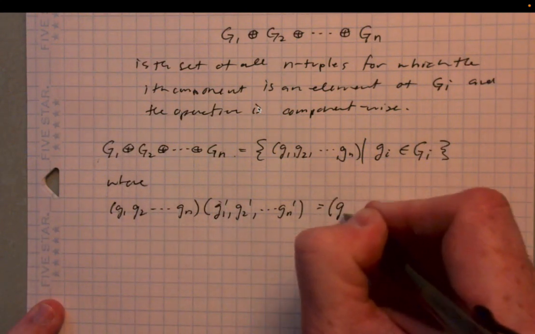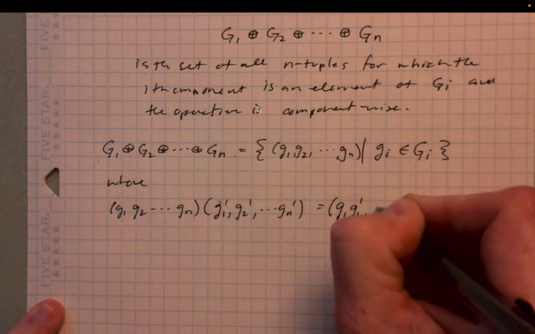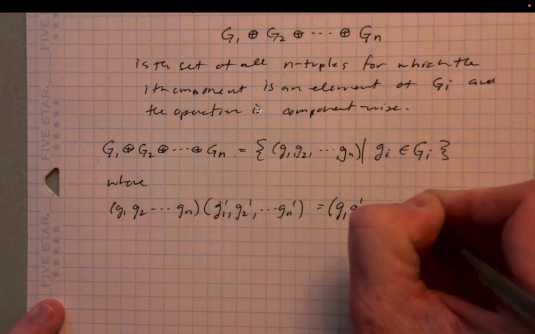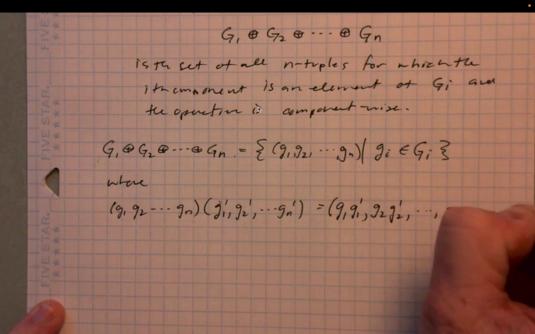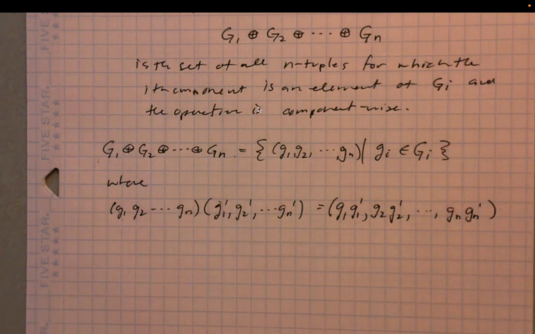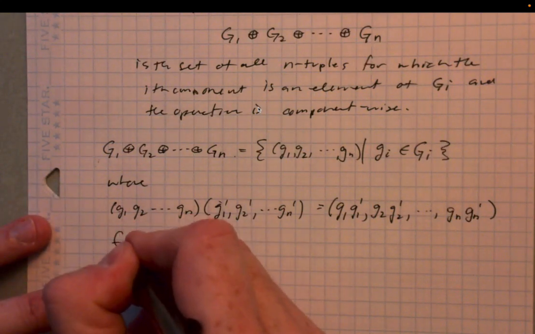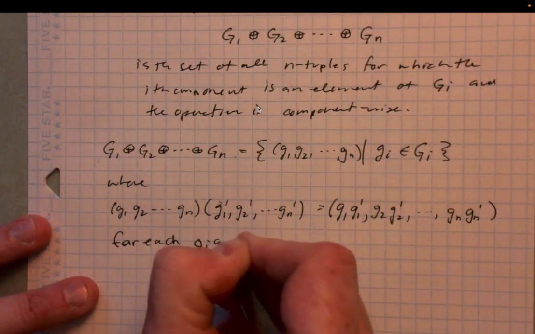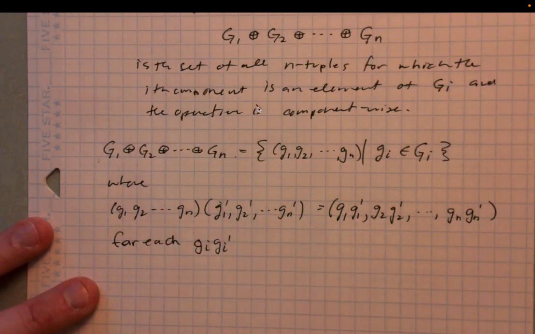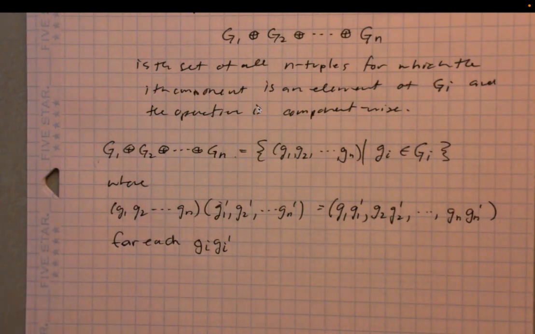So I would have (g1 g1', g2 g2', ..., gn gn'). And it's understood that for each gi, gi', the operation is that of Gi.